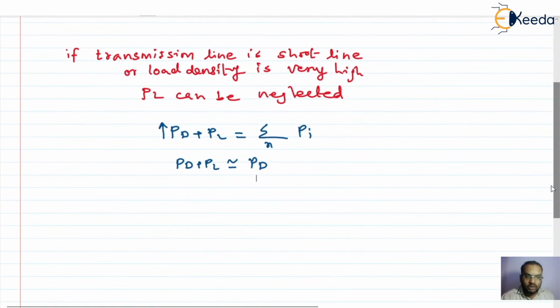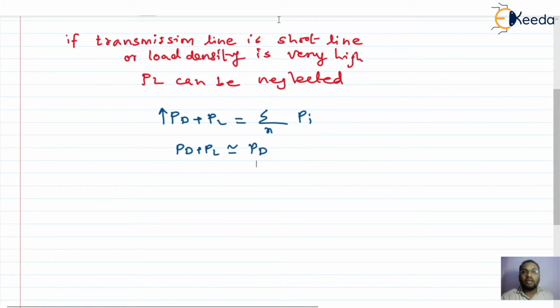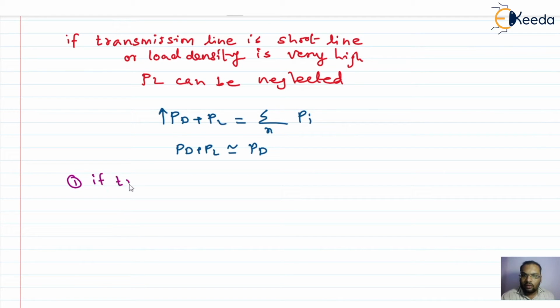And simultaneously we have two conditions where we should not neglect the power loss. The first one is if the transmission line is medium or long. In that case we should not neglect the losses; we should consider them.